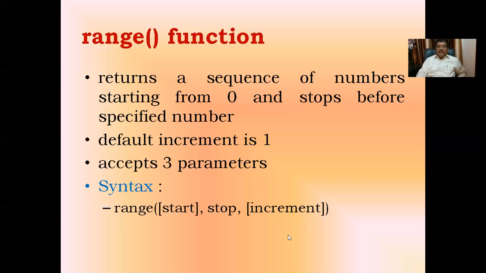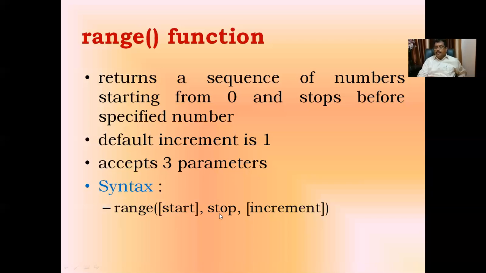If you look at the syntax of this range function, we use range, and the function has parameters. The first parameter is the starting value. It is optional, meaning the square braces represent optional, so it is not compulsory.